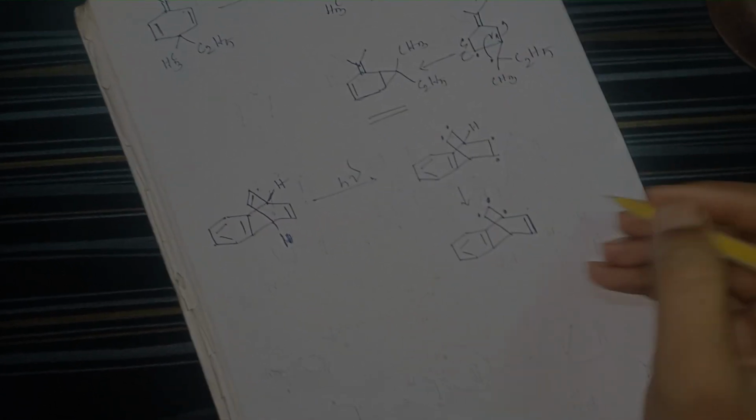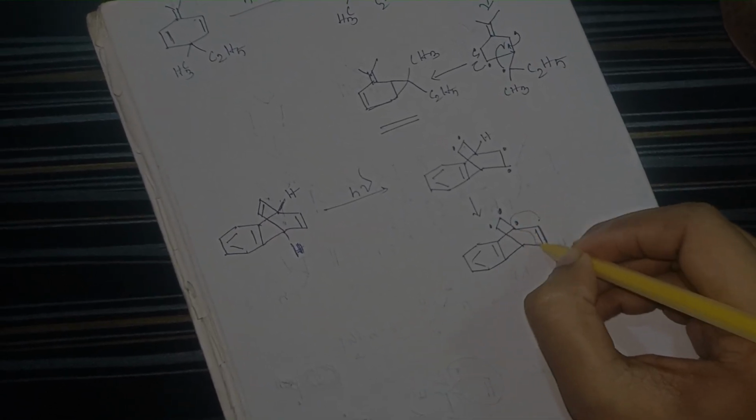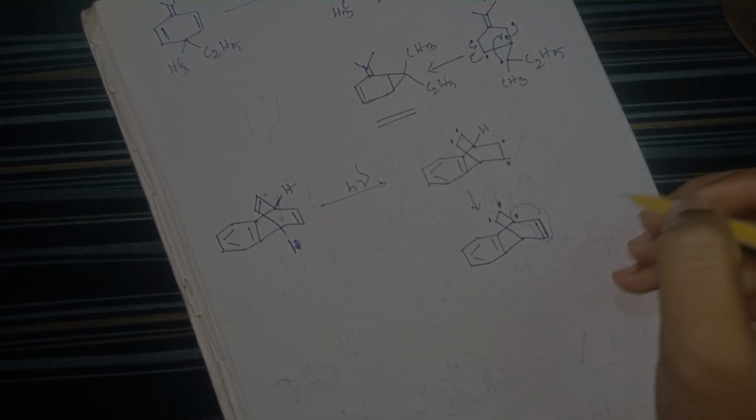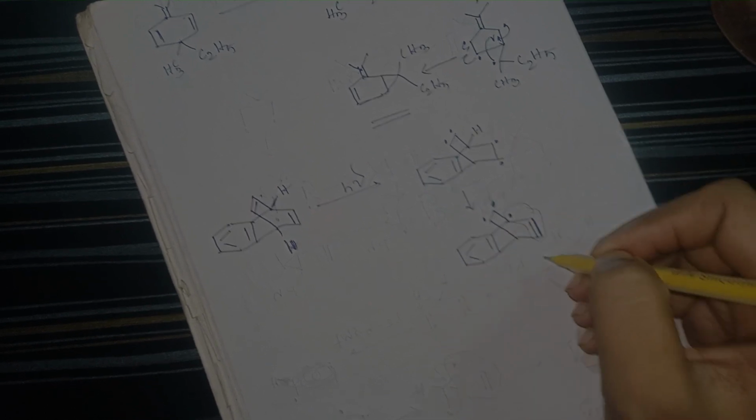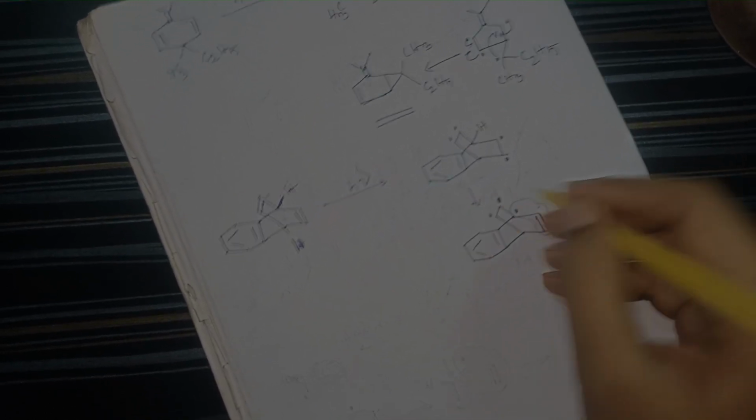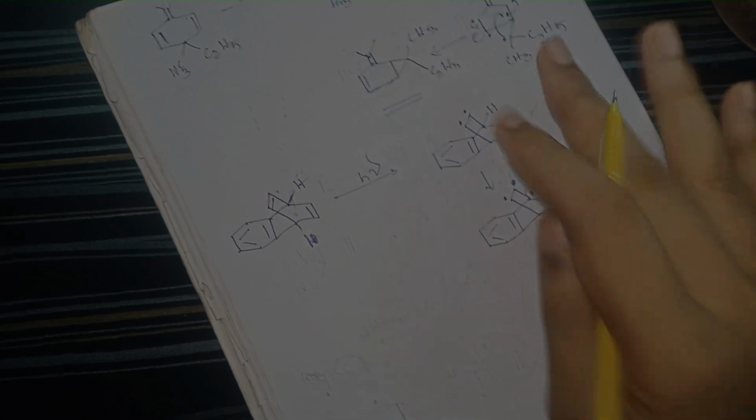this. But you may say that here an allylic radical is present, so this is stable, but this is a bridgehead carbon and here the radical cannot be stable, so here the 1,2 hydrogen shift cannot happen.